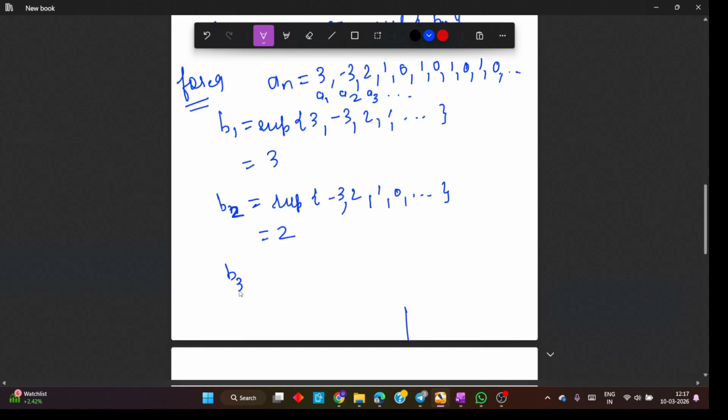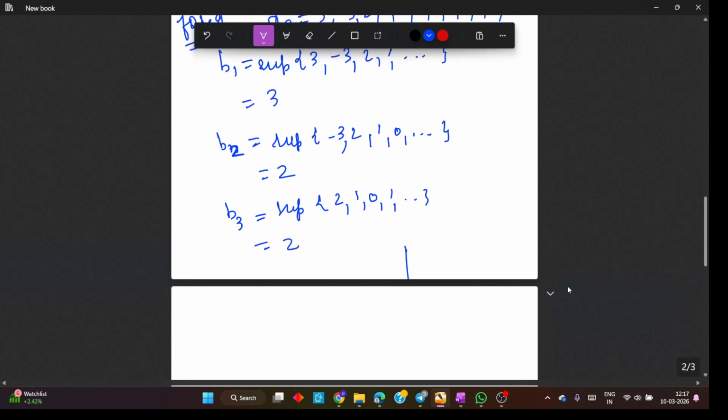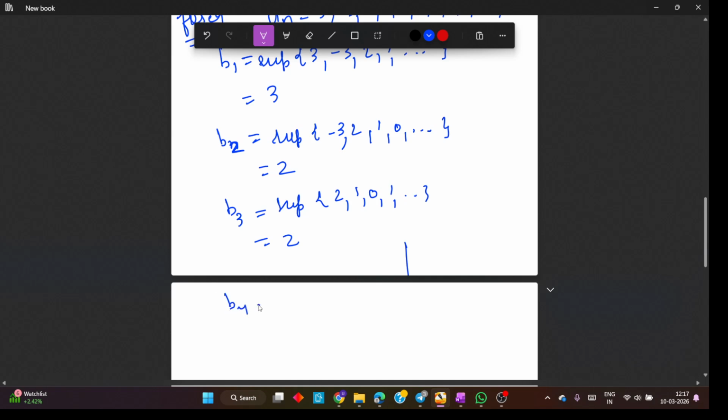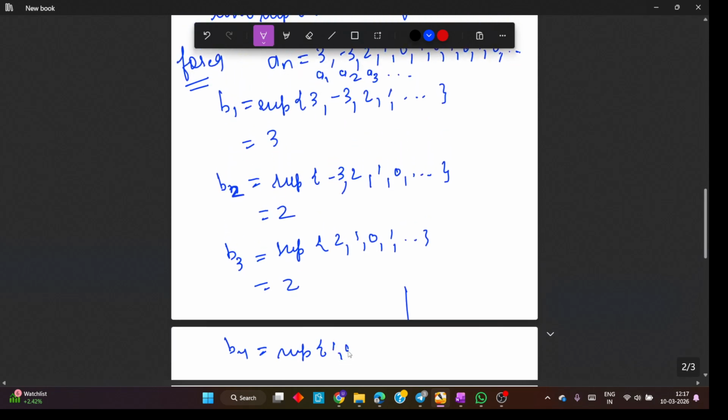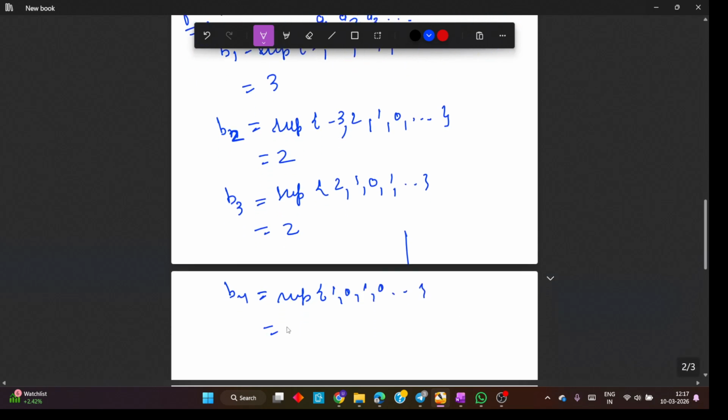B3 would be the supremum of 2, 1, 0, 1 and so on, so it would be 2. And from b4 onwards, the supremum of 1, 0, 1, 0 and so on would be 1.